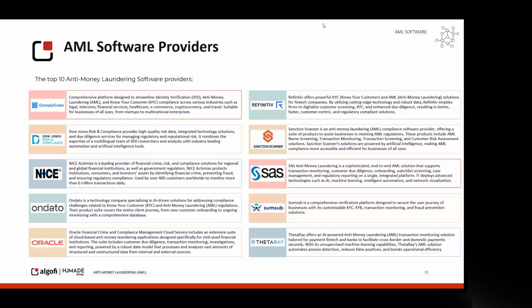Ondato, Oracle, Refinitiv, Sanction Scanner, SAS, SumSub, and Tetare. Like I mentioned, I won't be going through all the little notes here for each one, because they pretty much have very similar services that they provide.